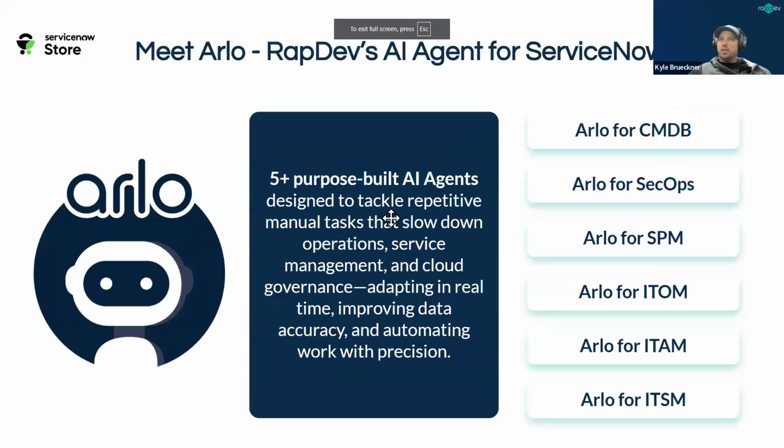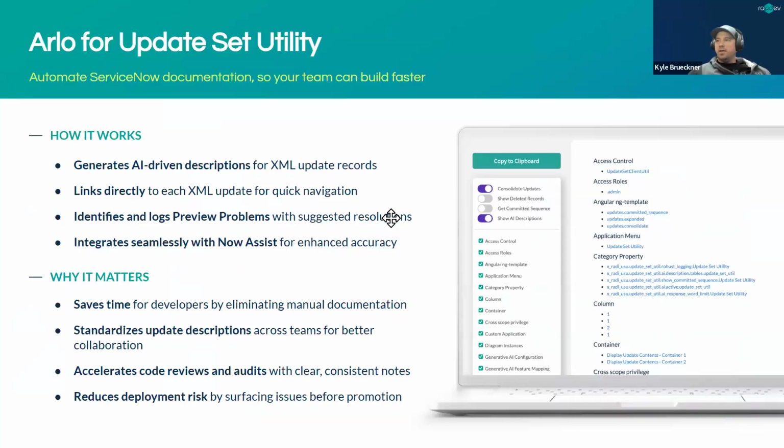So I want to take a moment to go over high level what each of these Arlos actually do. The first one here, Arlo for update set utility. This is the only one that we built to be purposed for the developers, for the admins on the system. And a lot of it is empathy, right?